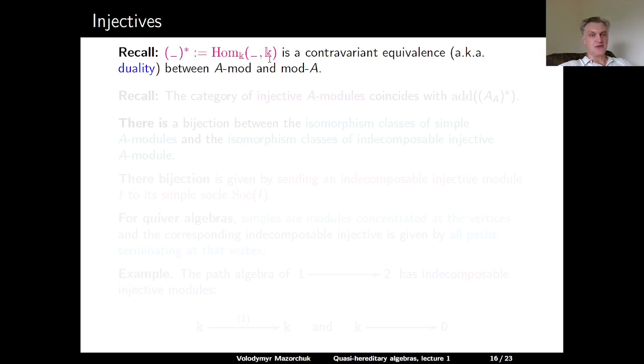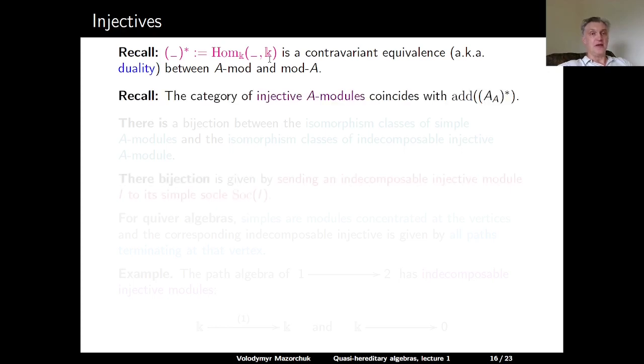So this functor is contravariant, and for finite-dimensional vector spaces, it squares to the identity. So this is a contravariant equivalence, which is usually called a duality between the categories of left finite-dimensional A modules and right finite-dimensional A modules.